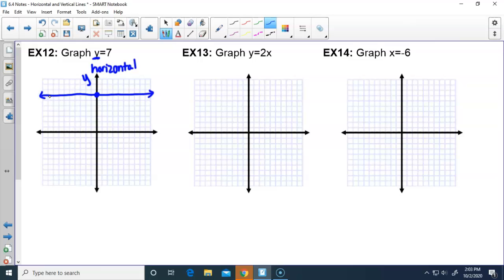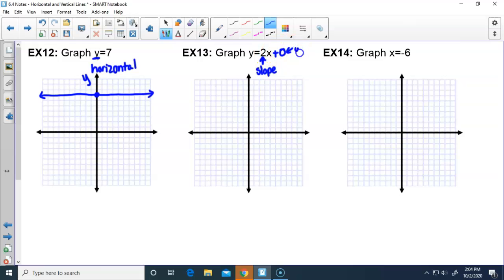Be really careful with example 13. It is not the same as example 12 because you have an x right here, which means 2 is your slope. Okay, so this is neither vertical nor horizontal. Now you don't have a y-intercept for this problem, so that means that there's a plus 0 over here.